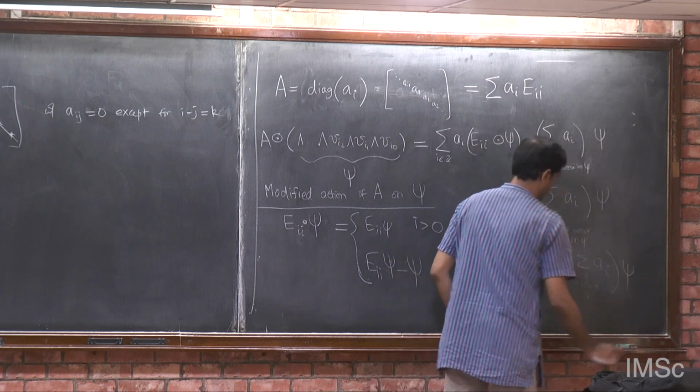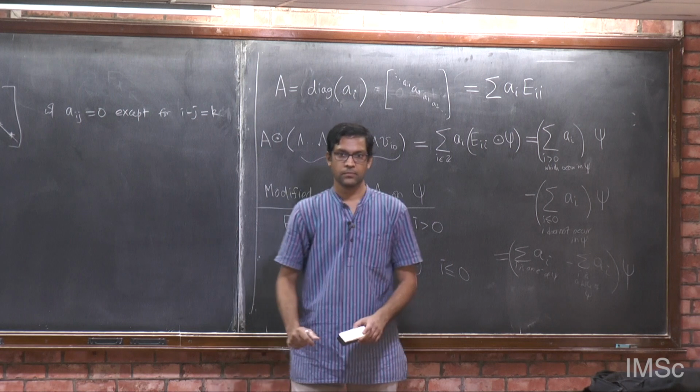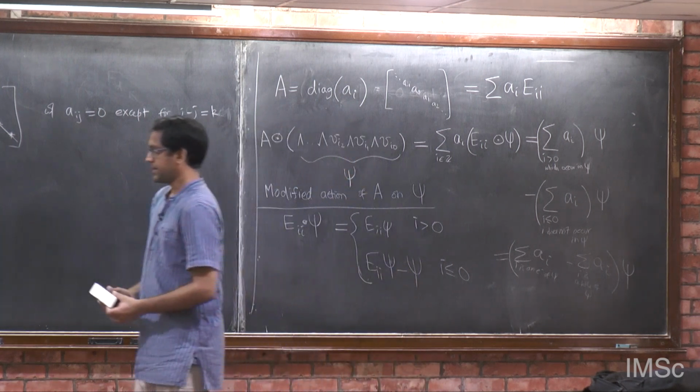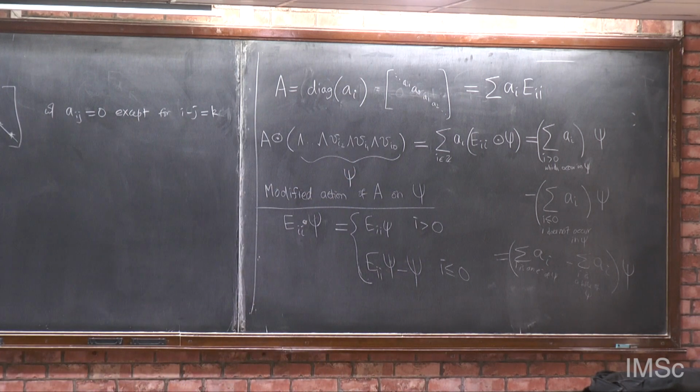acting on psi. So it gives me that multiple of psi. In particular, what does the identity operator give you? Charge. So the identity operator, the old action is not defined. Now the new action is exactly the charge.